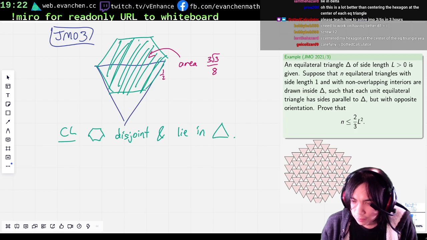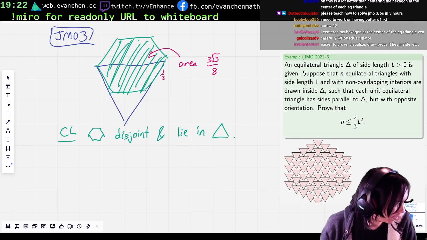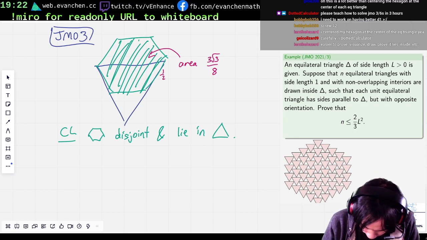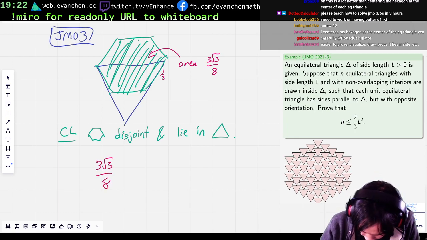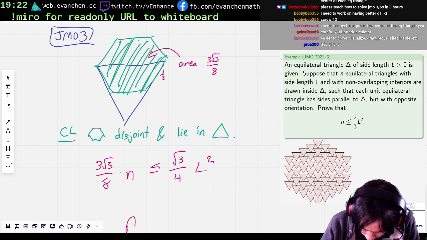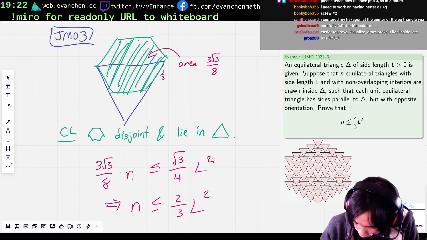Okay, cool. Yeah, that's fine. Okay, so 3√3/8 times n is less than or equal to √3/4 L squared. So n is at least 2/3 L squared, the end.